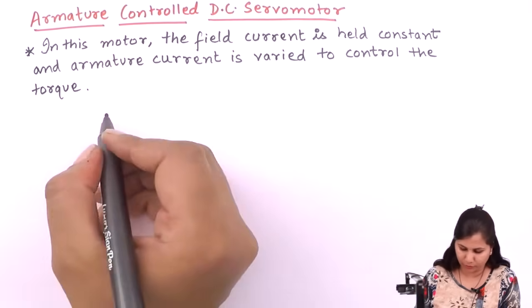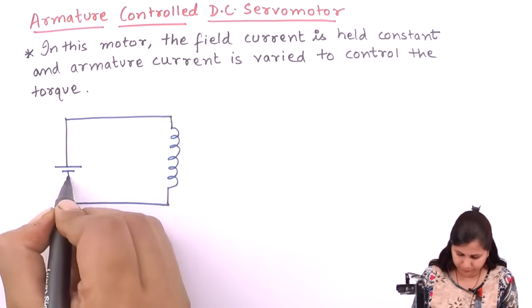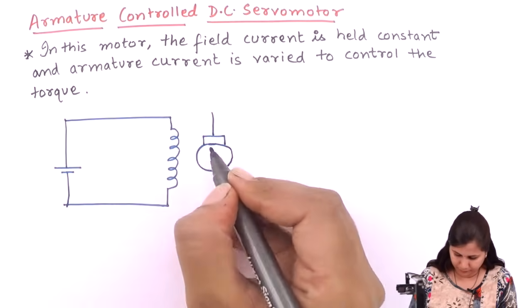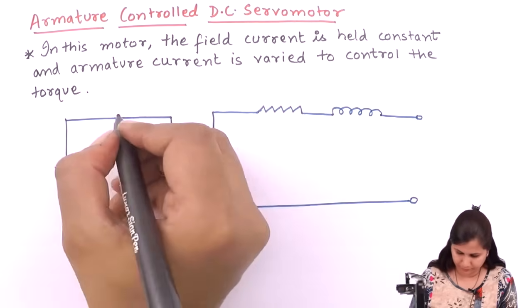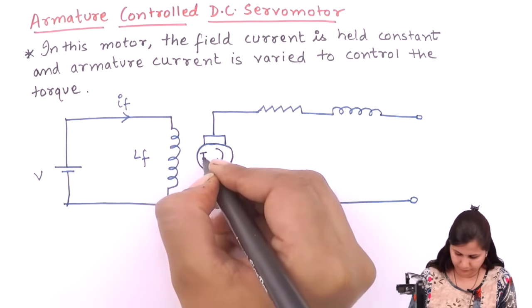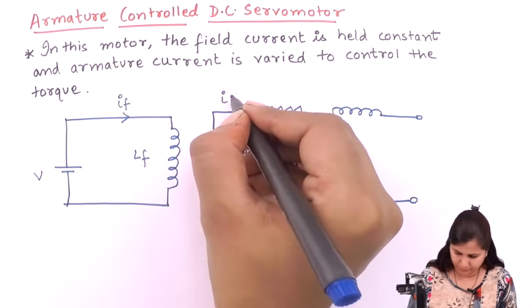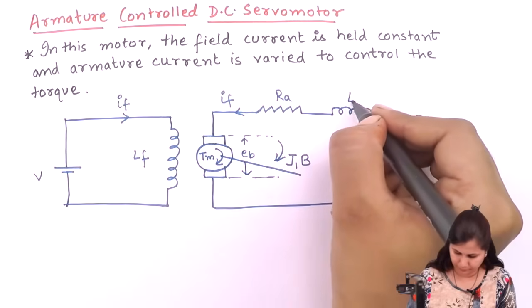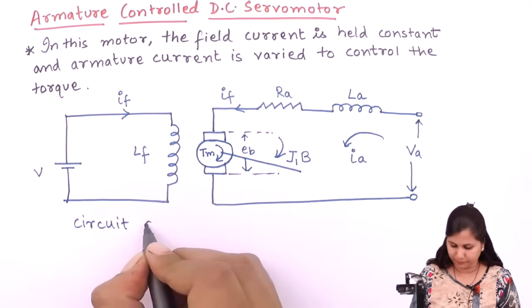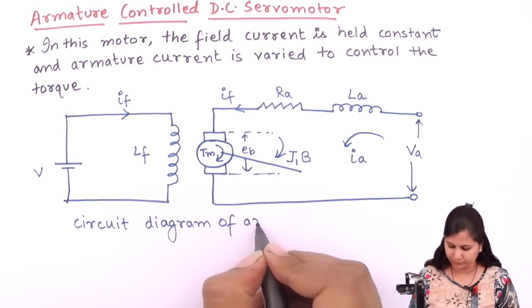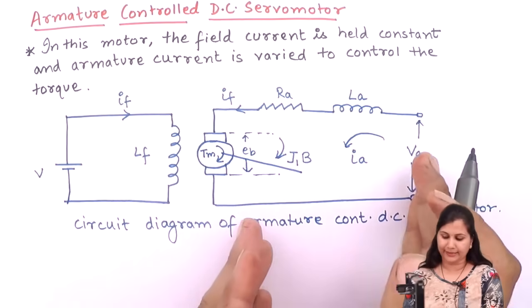For the armature controlled DC servo motor, this is the circuit diagram. This is the field side and this is the armature side.